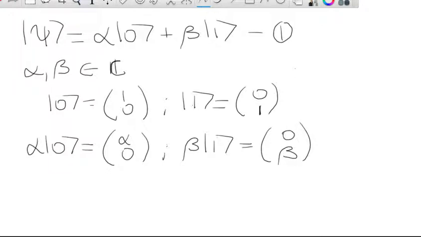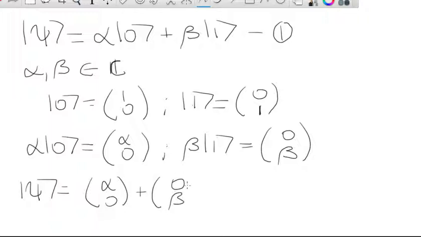Now coming back to equation 1, we simply add these two components to get what ket psi is. So ket psi is equal to (alpha, 0) plus (0, beta), which is equal to (alpha, beta). So we have ket psi is equal to the column vector (alpha, beta).